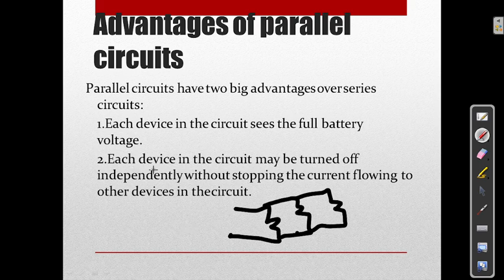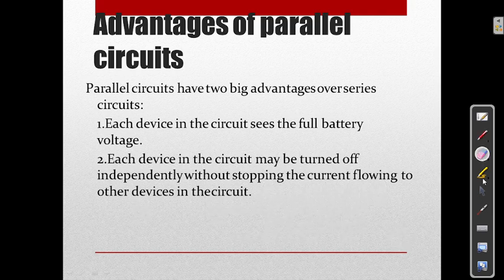What we are saying here is that each device in the circuit may be turned off. If we turn off this one, it won't affect the other circuits, because the current will flow through the others, right? In this parallel circuit, there is one branch here, one here, and one here.